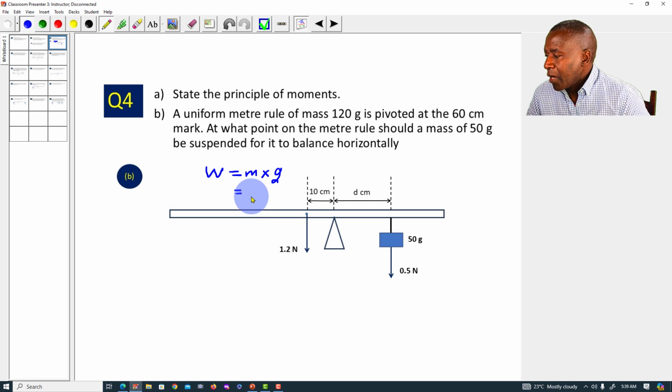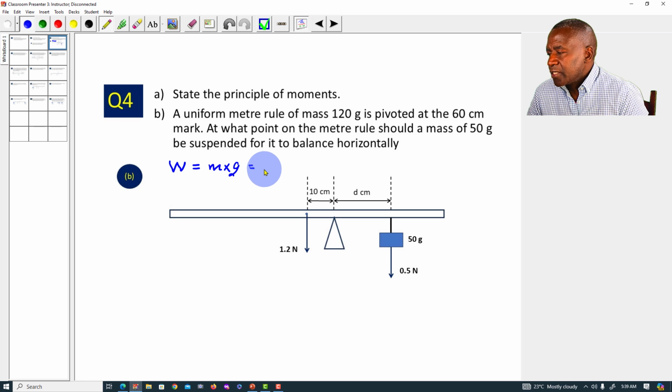So 120 grams is the same as 0.12 kilograms times the value of the gravitational field strength. So W is going to be equal to M times G.